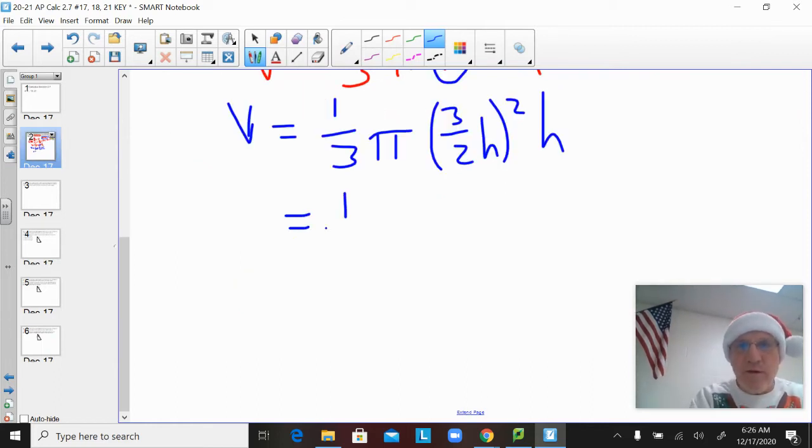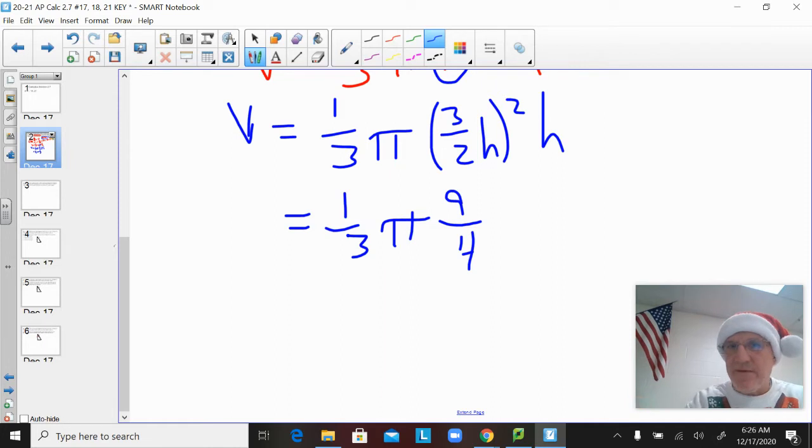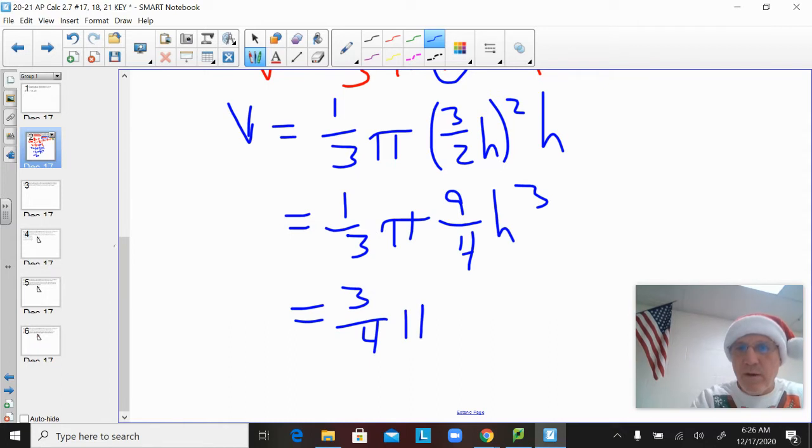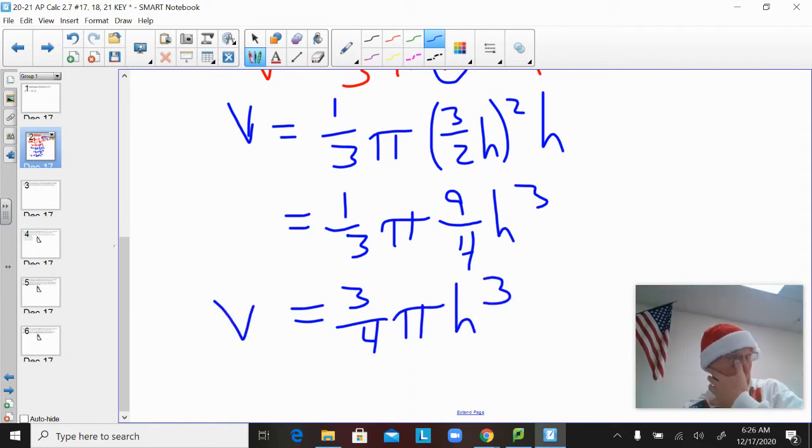This is 1/3 times pi times 9/4, and then h squared times h is h cubed. At this point, I might combine the 1/3 and the 9/4. That's 9/12, which reduces to 3/4. 3/4 pi h cubed. There's an equation for the volume of that cone.